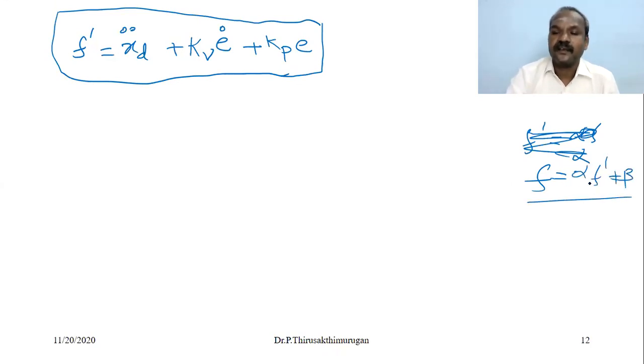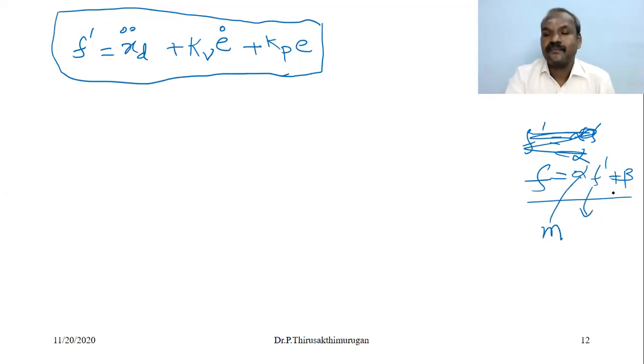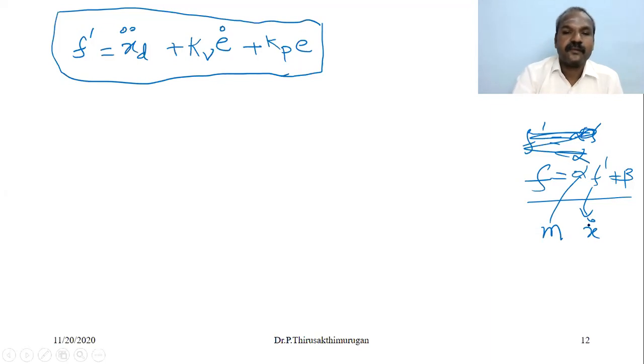In the previous case, alpha equal to M, and F dash equal to x dot. Here we are generating a new control law. This will cause the trajectory following.